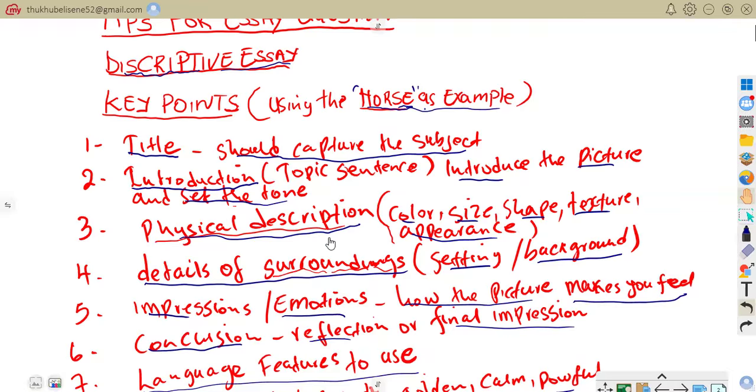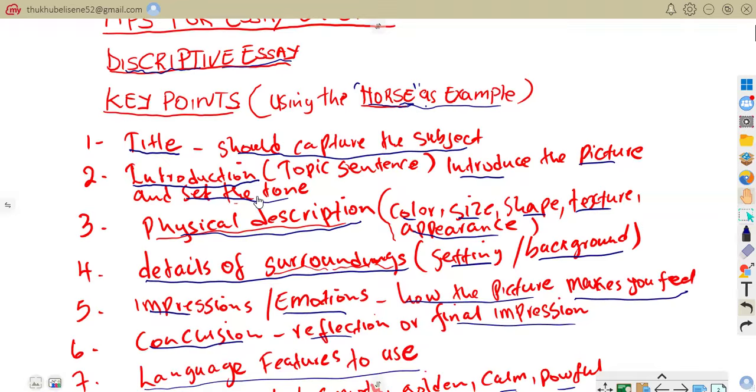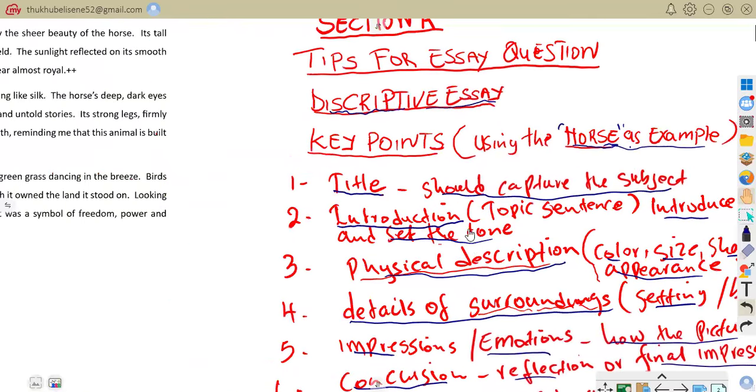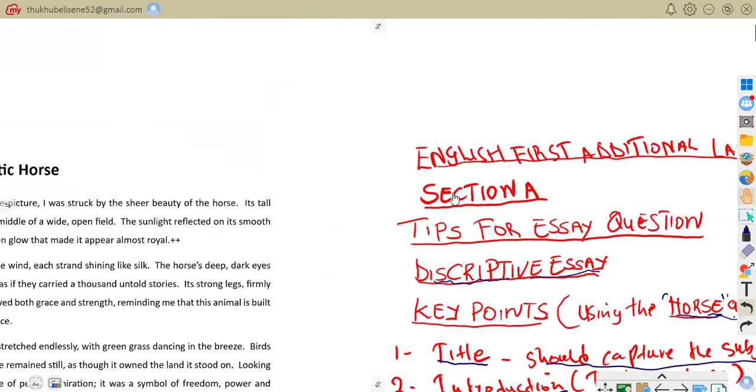They mark the essay based on these key points, more especially when it is a descriptive essay. So now let us come to the essay that I prepared for you and see if it has all these points that we have mentioned.